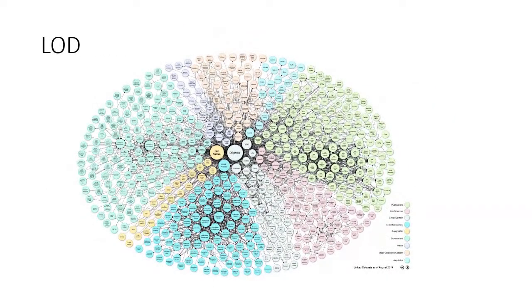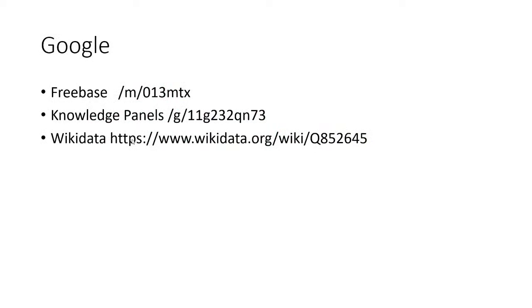One of them is the one called LOD, where there are millions of unique things identified. And if we look at Google, we know they acquired Freebase, I think it was in 2013. And in Freebase, we have what we call a machine-readable ID for all things that are recorded in that database.